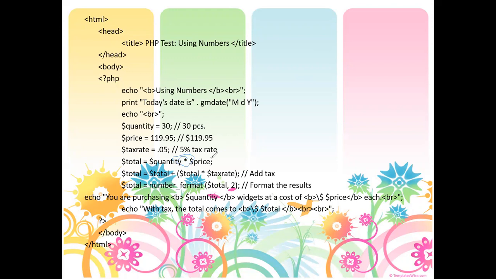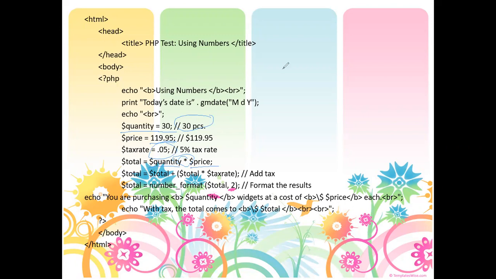I have a multiplier. So dollar total. So let's go first to the variables. I have quantity, dollar quantity at 30, which means 30 pieces. And then the price is 119.95. The tax rate is 5%. So to get the total, I multiply quantity times the price.